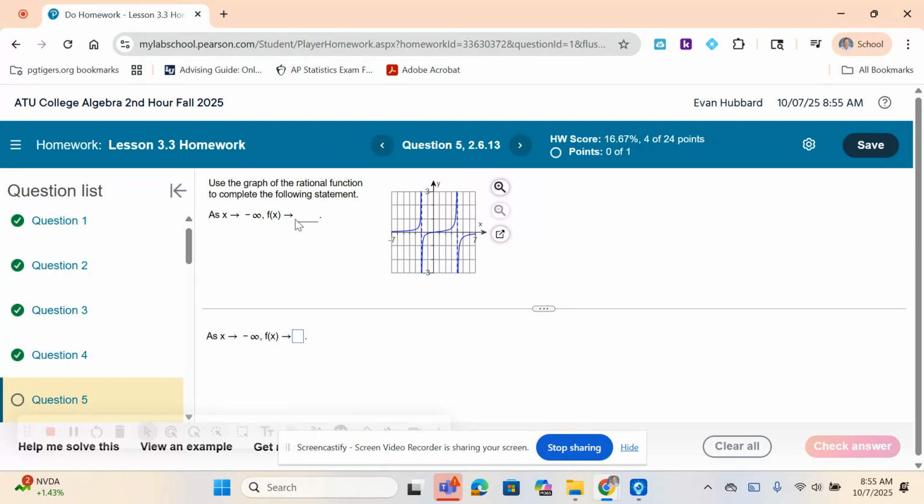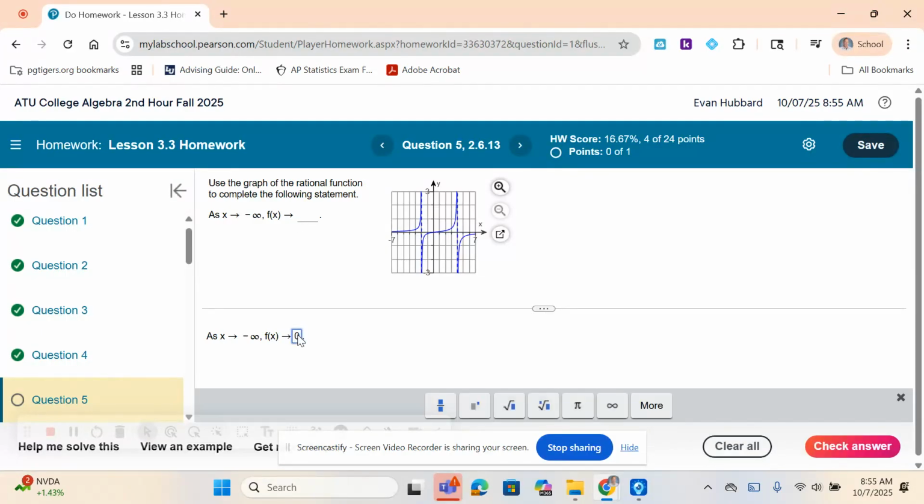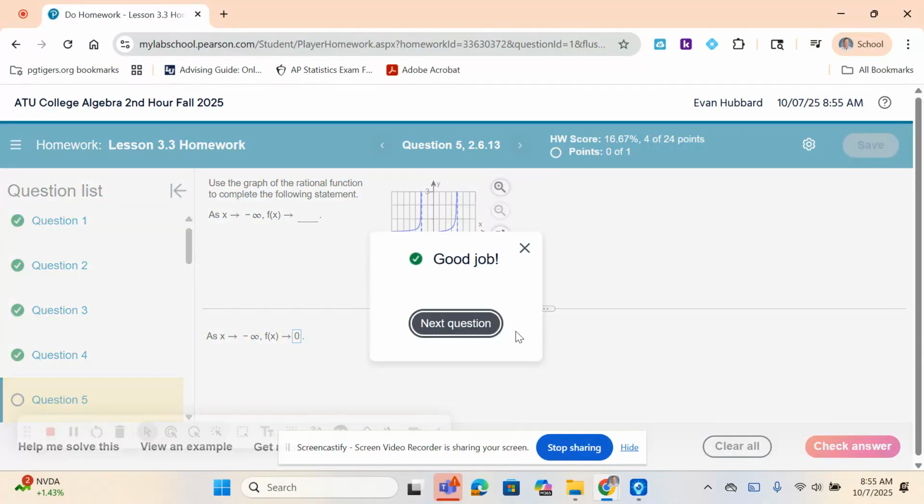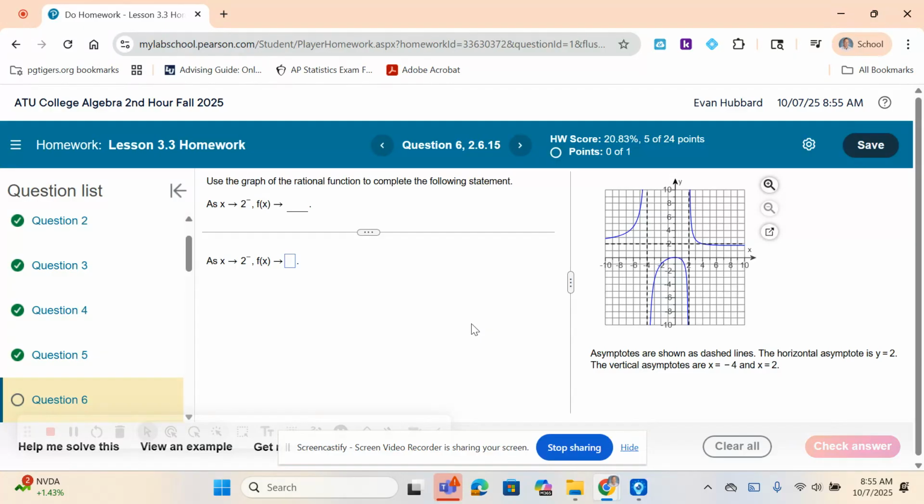So here, y is approaching 0. So f of x approaches 0. So it'd be 0 here.